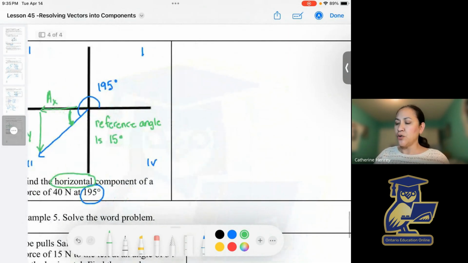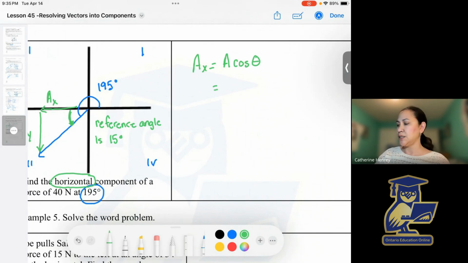So the vector's horizontal component is AX, and the angle is 15, and so it's adjacent to the angle. So that is going to be the magnitude of the force times the cosine of the angle.